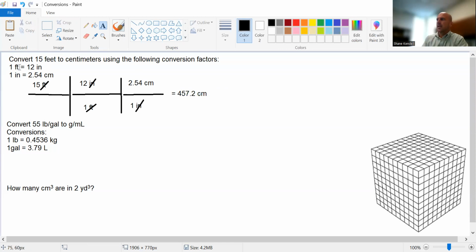In this particular case, this 1 foot is actually by definition equal to 12 inches. It's never going to be 12.01 inches. It's just 1 foot is 12 inches because we know an inch is a 1/12 of a foot by definition. So this is an exact number.